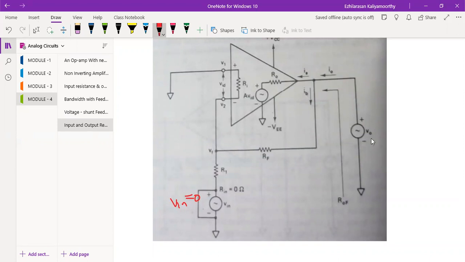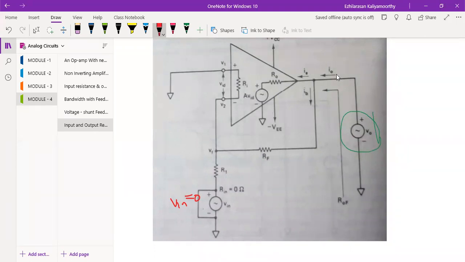Now we can see we connected a source. See where we connected, we can see this. See, we connected here only. This will be the output voltage we connected, where I will get the current. Our output voltage is V naught. You can consider this as V naught.